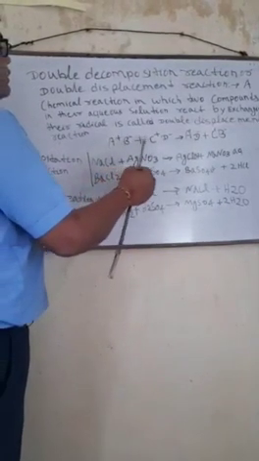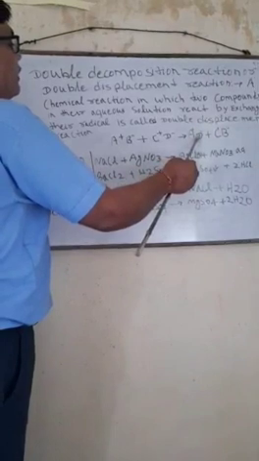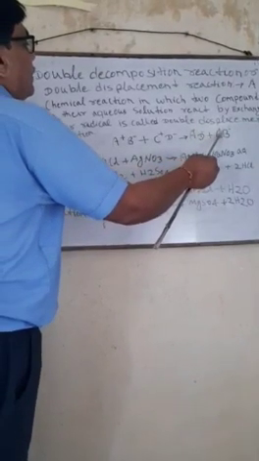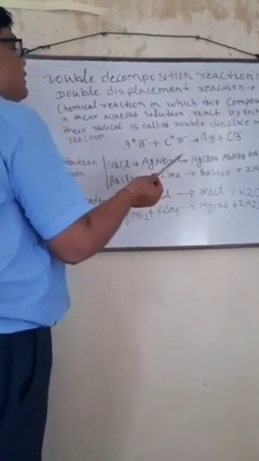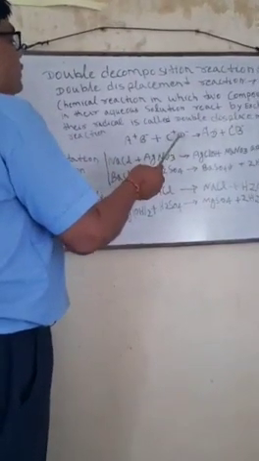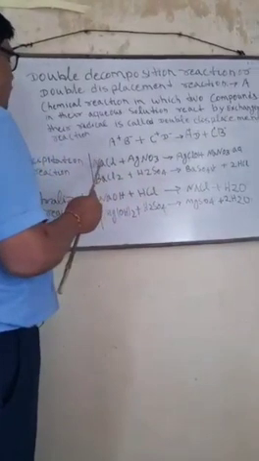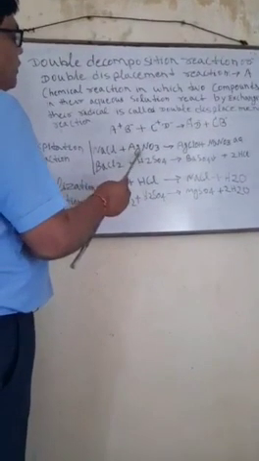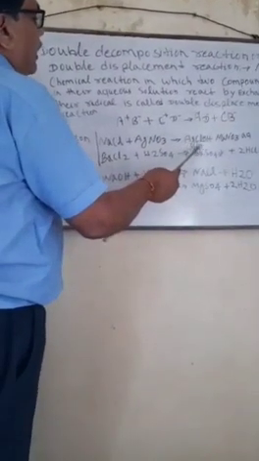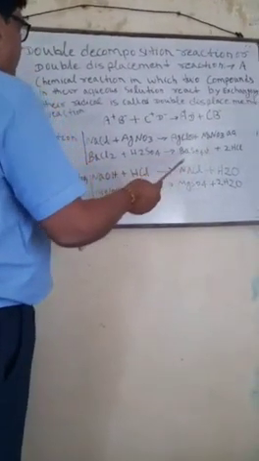A+ and B- form A+D- plus C+B-. Here exchange of their radicals or ions. For example, NaCl, sodium chloride, reacts with silver nitrate to form silver chloride and sodium nitrate.